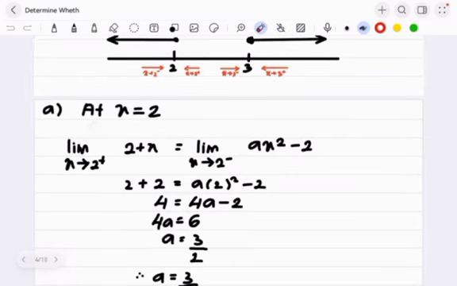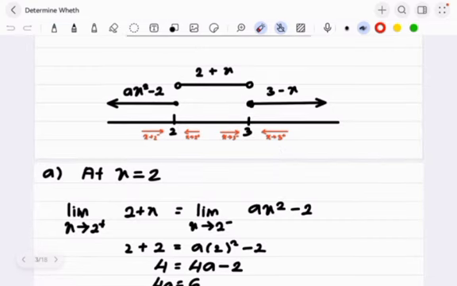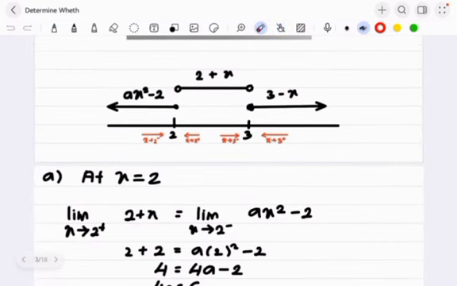At x equals 2, we need to make the limit as x approaches 2 from the right equal to the limit as x approaches 2 from the left.